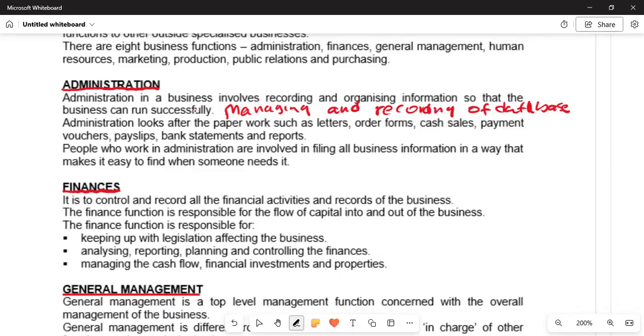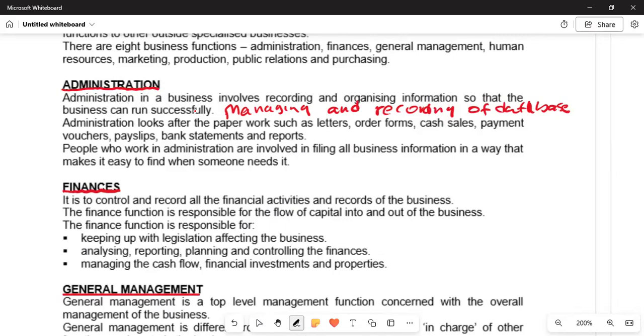Administration in a business involves recording and organizing information so that the business can run successfully. Administration looks after the paperwork such as letters, order forms, cheque sales, payment vouchers, pay slips, as well as bank statements and reports.